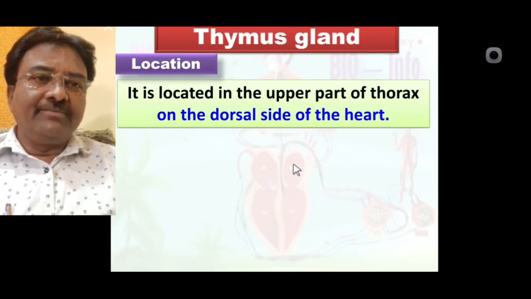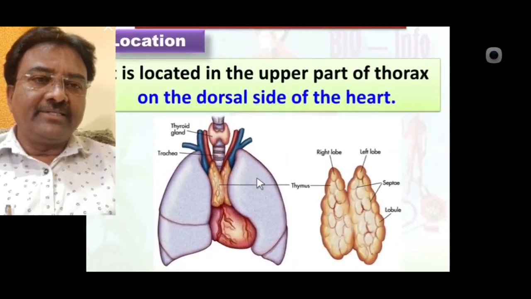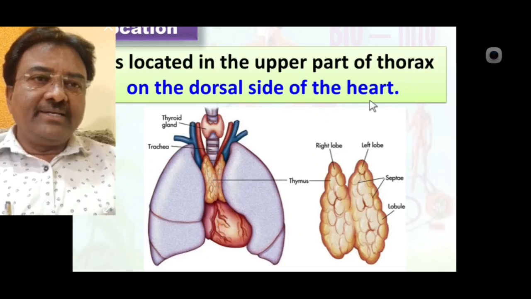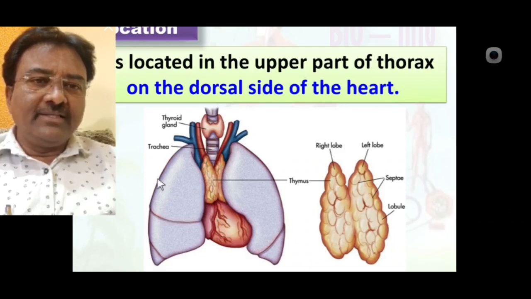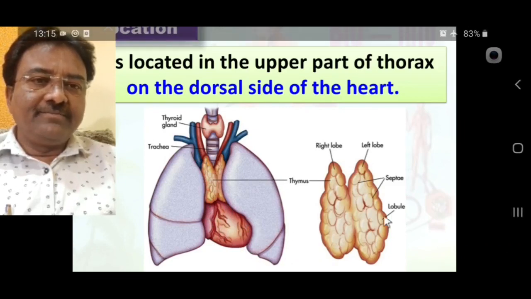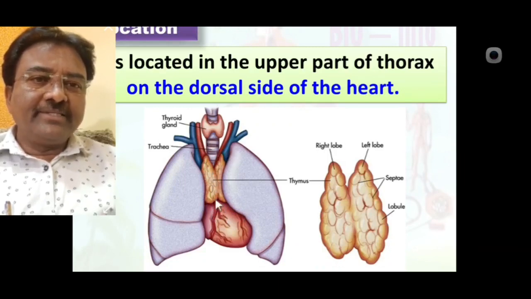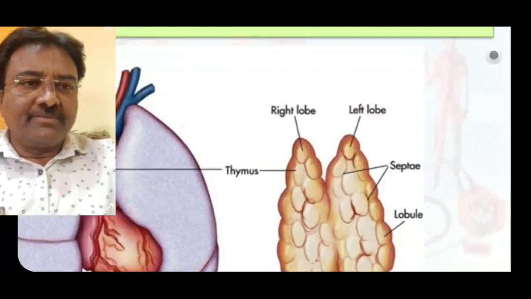On the dorsal side of the heart is present the thymus gland, and these two big parts are called the lungs, right and left. On the dorsal side of the heart, on the aorta or some part of the auricle, the thymus gland is present. So this is the structure of the thymus gland.